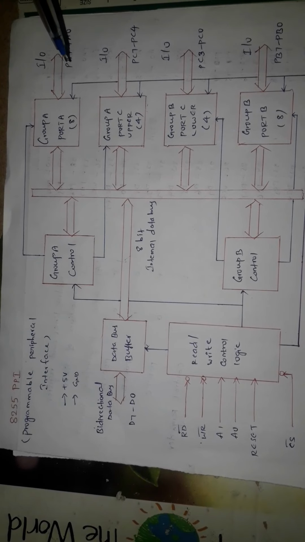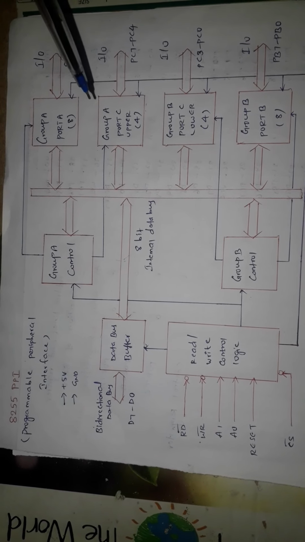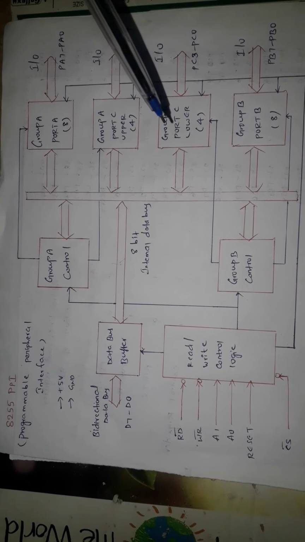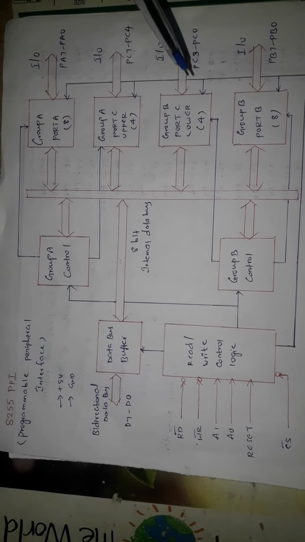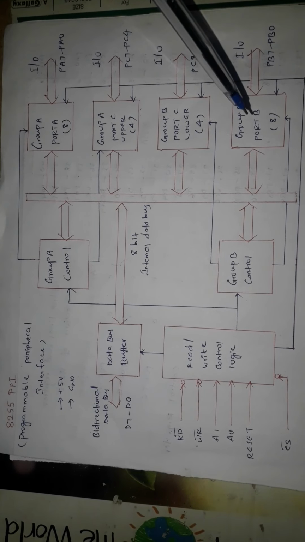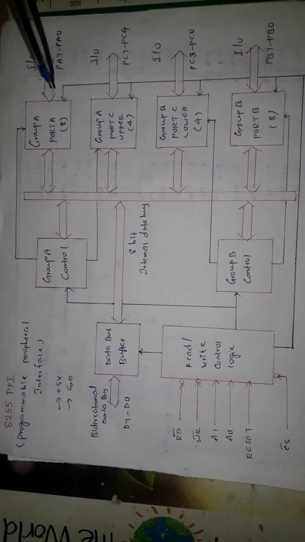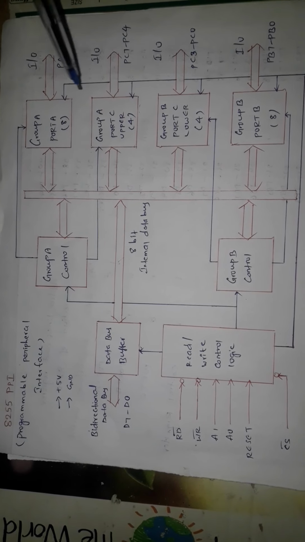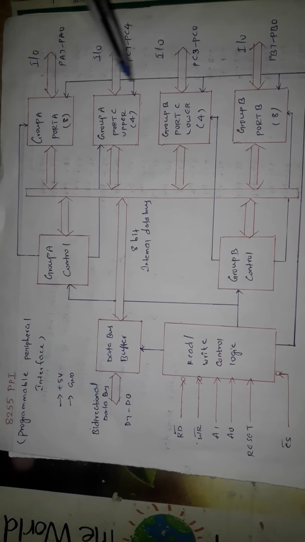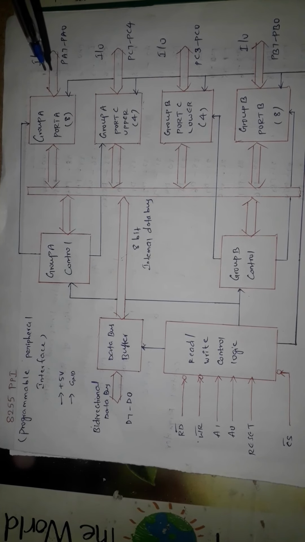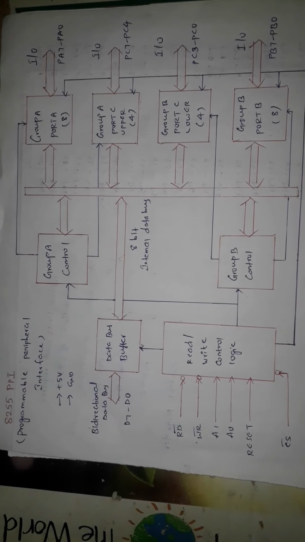So port A pins are PA7 to PA0, port C upper pins are PC7 to PC4, port C lower pins are PC3 to PC0, and port B pins are PB7 to PB0. All are bidirectional pins. So you can use these pins to receive the input data or to transfer the output data.